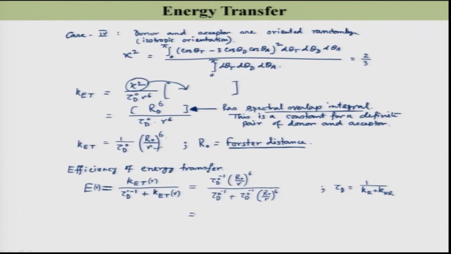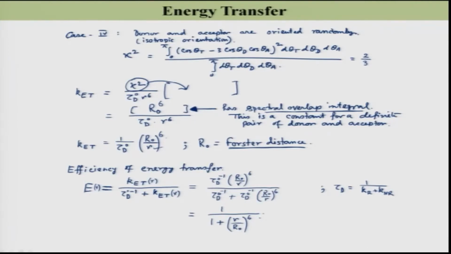If you simplify this expression, you will get 1 divided by 1 plus (r by r0) to the power 6. So the efficiency of energy transfer is something like this.